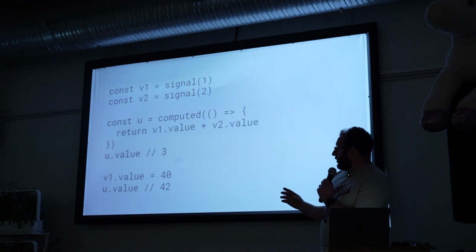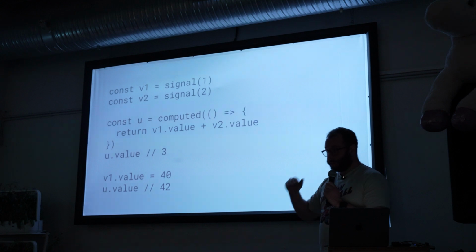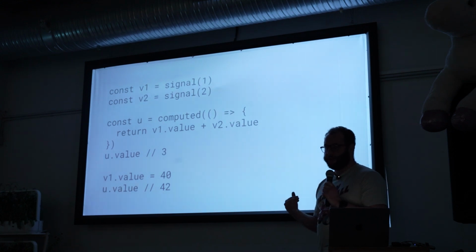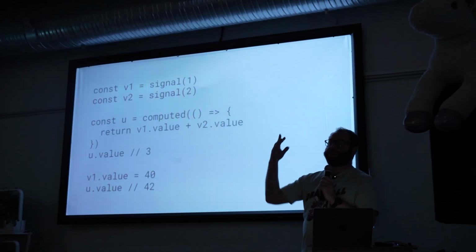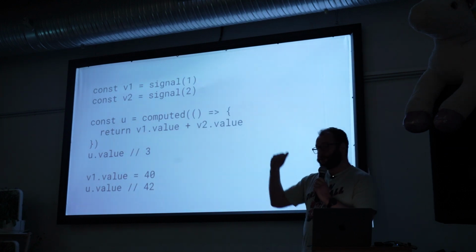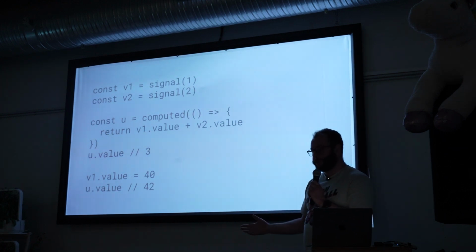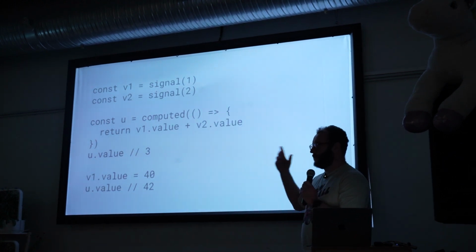Because you can have conditionals, you can have loops, whatever, because it tracks whatever was read in the last run, and only that change can influence the necessity to run it again. And if that has changed, let's say you have a signal in an if condition, then under it, in two different branches, you can read different signals too, and it will subscribe to them. And whenever that changes, it will recalculate the value again.